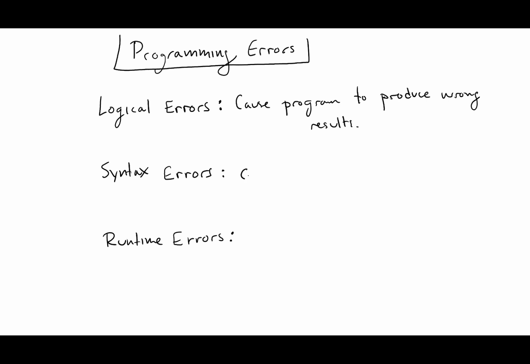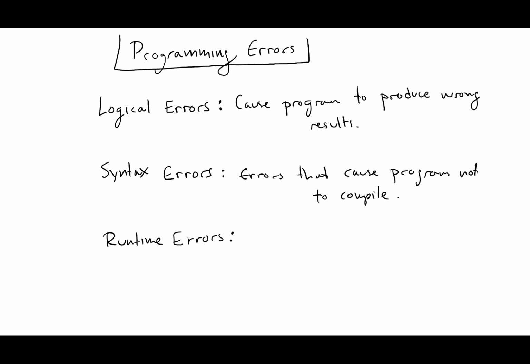So syntax errors are errors that cause your program not to compile. So these errors are usually pretty easy to find. When you get these errors, you'll be compiling your program and it won't compile and it will give you an error.